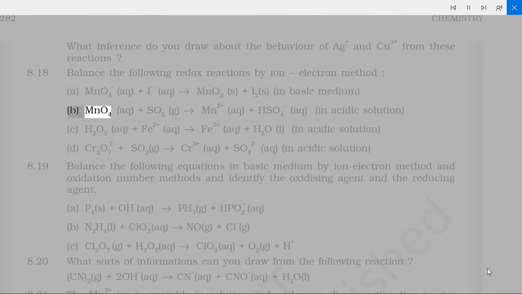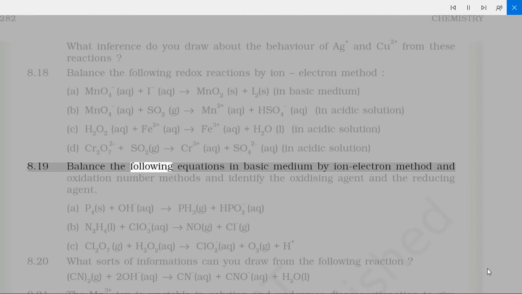B. MnO4^-(aq) + SO2(g) → Mn2+(aq) + HSO4^-(aq) in acidic solution. C. H2O2(aq) + Fe2+(aq) → Fe3+(aq) + H2O(l) in acidic solution. D. Cr2O7^2-(aq) + SO2(g) → Cr3+(aq) + SO4^2-(aq) in acidic solution.